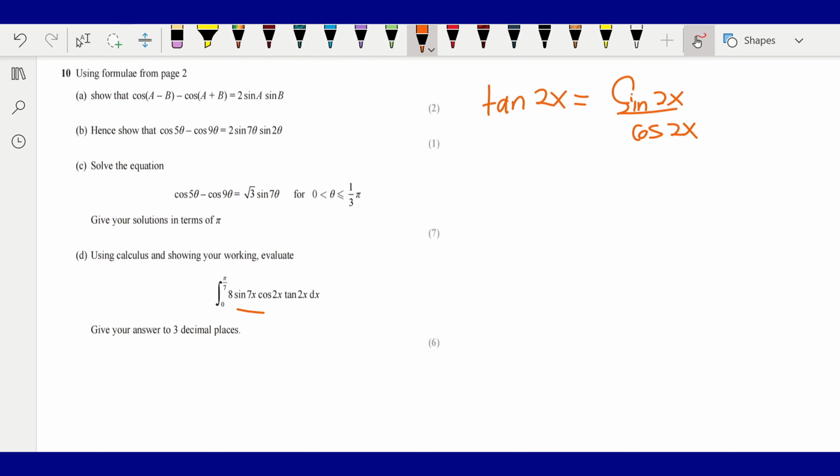So then we just rearrange this part into 8 sine 7x times cosine x times sine 2x over cosine 2x.